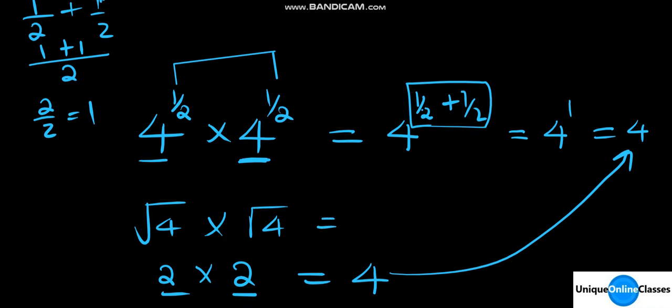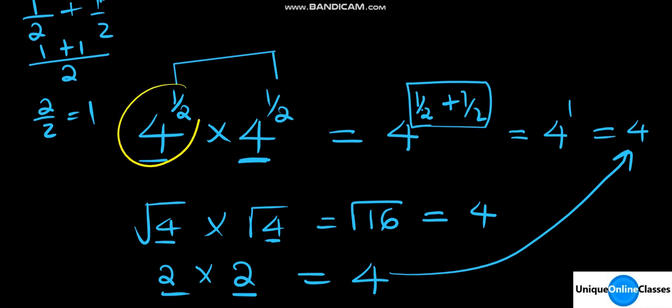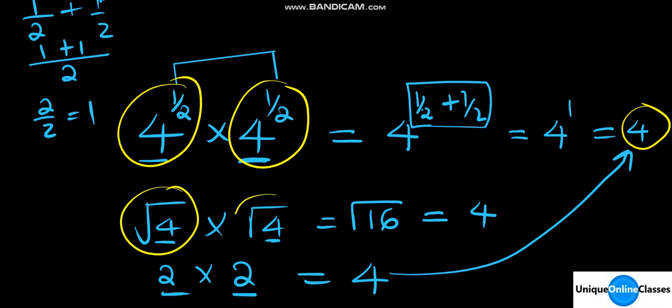Or it is the same as root of 16, and root of 16 is still 4. So you can see that multiplying these two gives us 4, and multiplying these two also gives us the same 4.